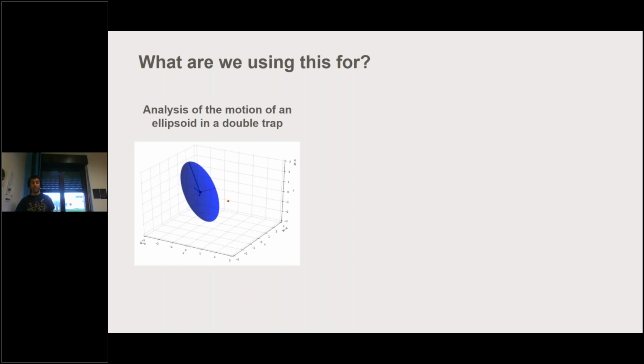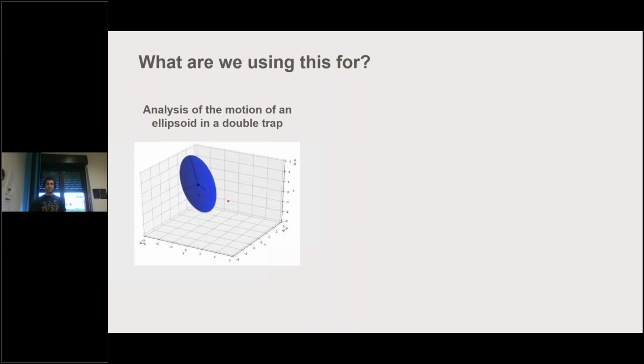One thing I have been working on lately is the study of the motion, the dynamics of an ellipsoid in a double trap. The same problem we were saying before, it was difficult because we need to do this for small time steps. So here you can see how the ellipsoid is moving. At some point, it goes from one trap to the other.